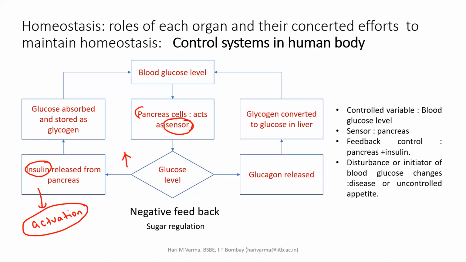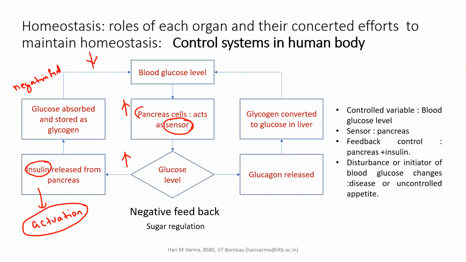So what will happen? Glucose from the blood is now removed by the insulin, so the glucose level will come down. The glucose had increased, but by this mechanism the increase in glucose concentration is reduced. So basically, this is a negative feedback, right?